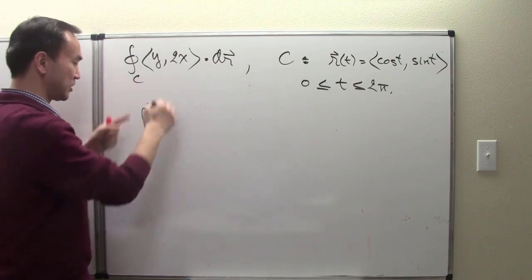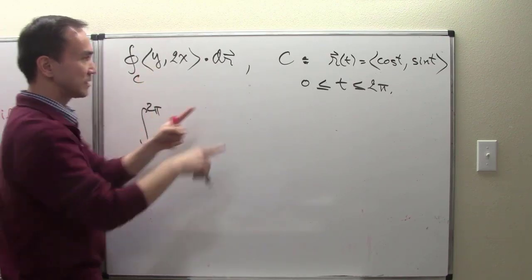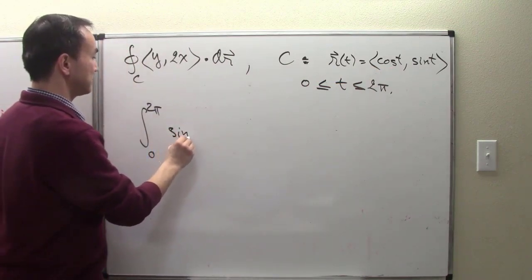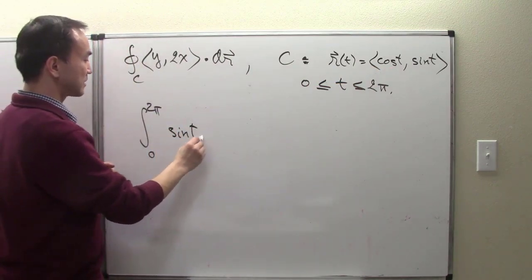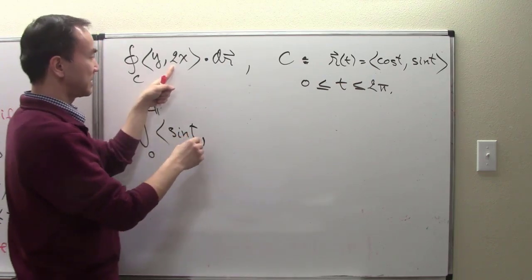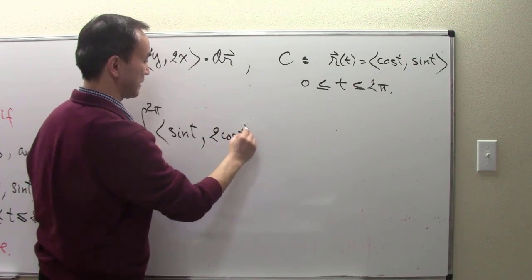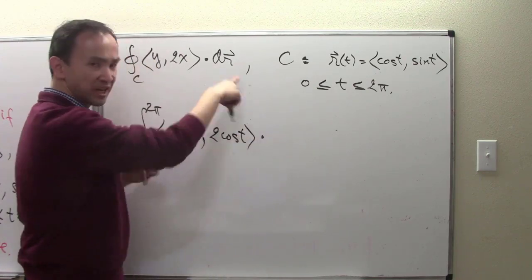Then you can turn that into, okay, y here substituted with sine of t, so we have sine of t, and then 2x here, x is substituted by cosine of t, so we have 2 cosine of t. And we take the dot product with the dr here.